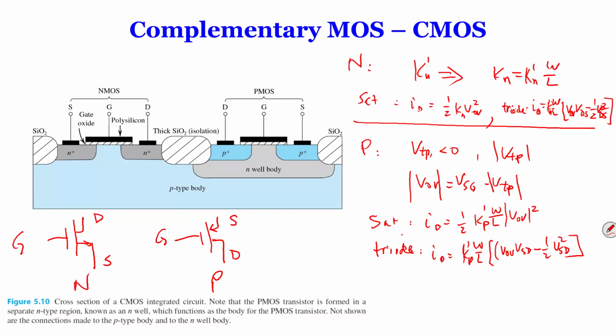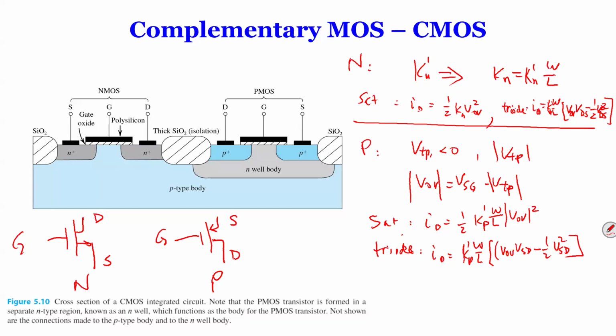And the two operation modes, again: for NMOS, if you look at the directional current, the voltage at the gate has to be higher than the voltage at S in order to have current. Not just higher, but higher than VTN in this case.